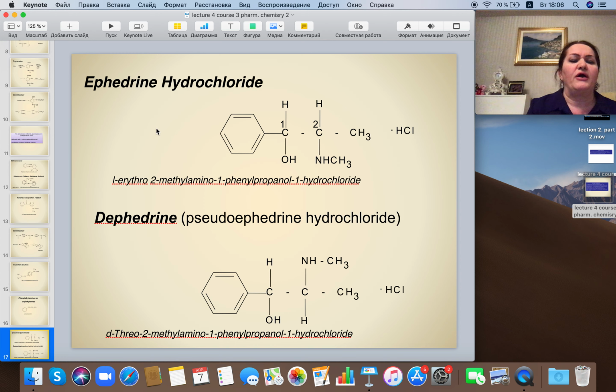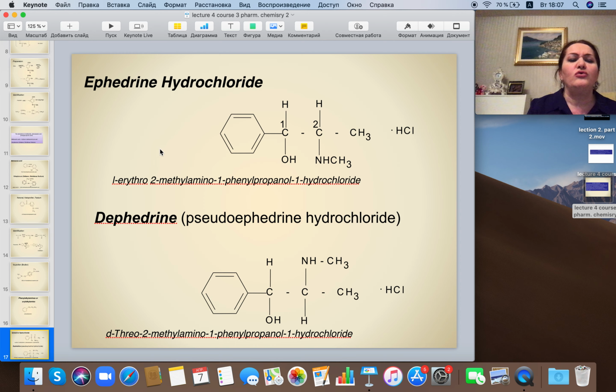The name of ephedrine: L-erythro-2-methylamino-1-phenylpropanol-1 hydrochloride. It means that the pharmacologically active substance is the L-erythro isomer.